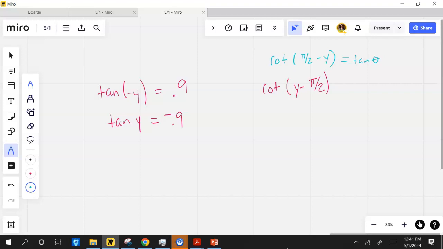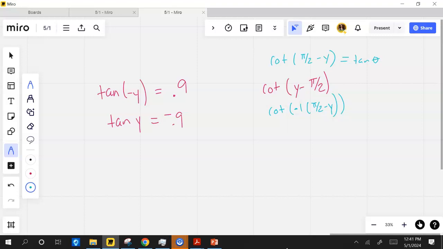But this is what I've been given. The pi over 2 is negative, the y is positive. The signs have changed. So this is really like saying cotangent of negative 1 times pi over 2 minus y. I've taken out a negative. That's all I did.